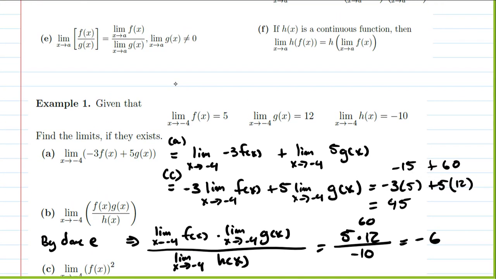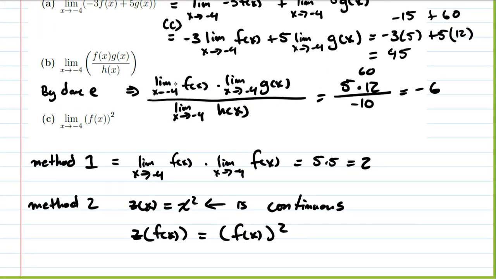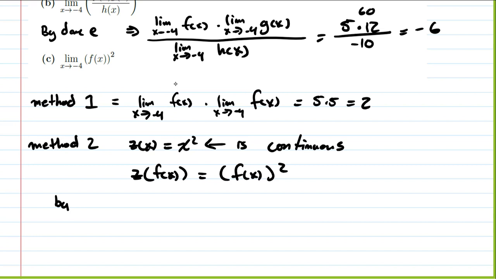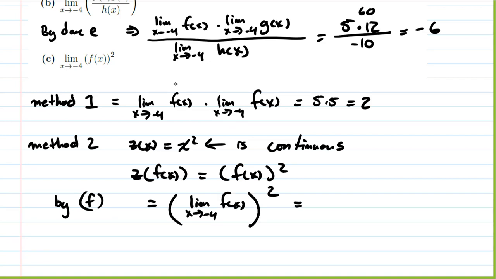So this is actually going to be property F. So by F, we have that our limit is going to equal, we move the limit to the inside, the limit as x approaches negative 4 of f of x goes inside our squaring function, which is just 5 squared, which equals 25.